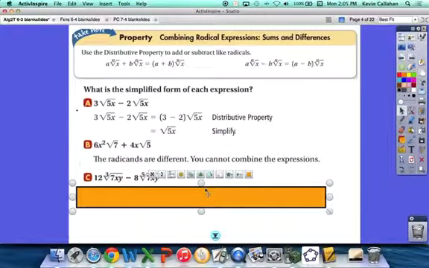How about this one? Can you combine them? No, because what's different this time? The indexes aren't the same, right? One's a third root and one's a fifth root, so you can't combine them.